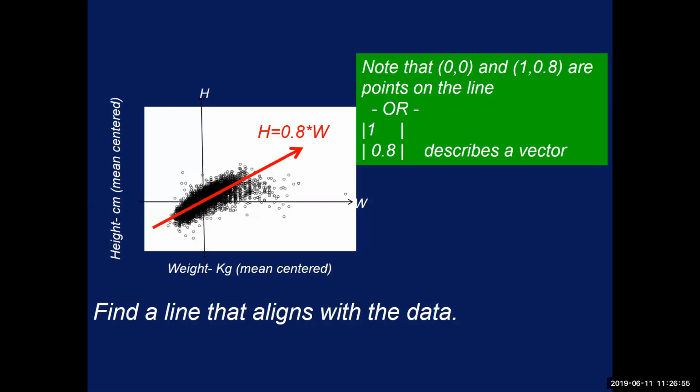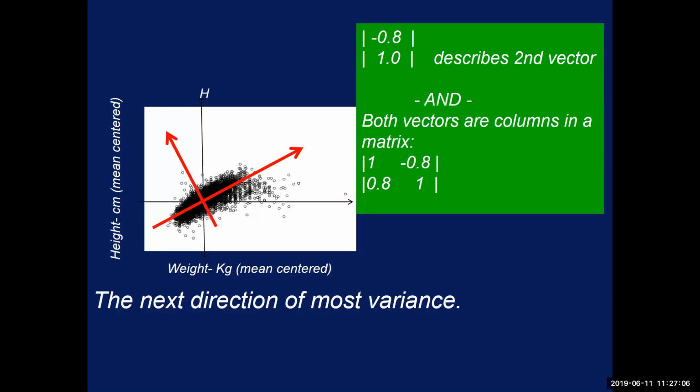We can represent points away from 0, 0 as a vector. So here's a column vector of 1 and 0.8. And then we can find another line that's orthogonal to the first line. Because you have two lines that are orthogonal, it also covers the space of all points there. And we could take both those vectors and put them in a matrix as column vectors.